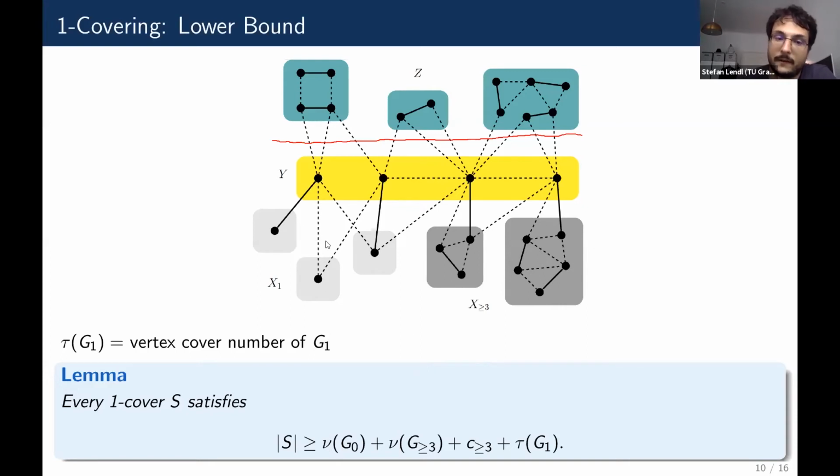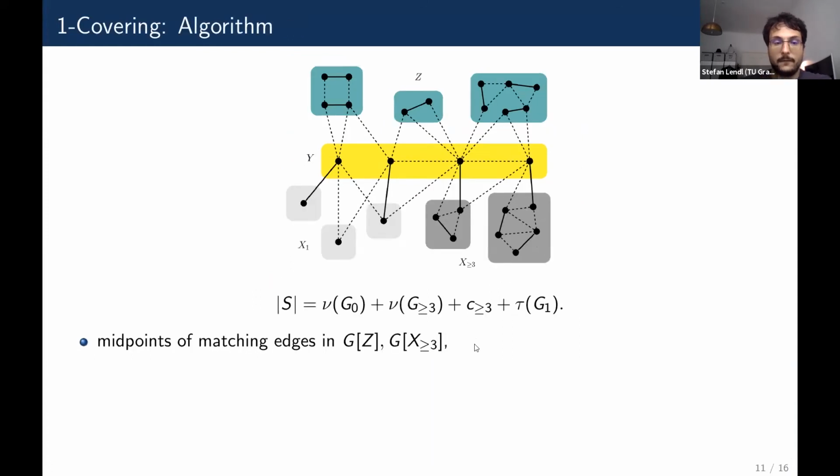And we do this in the following way: we take just the points on vertices, and for midpoints on edges, we take the point on the incident X vertex. And this gives again a vertex cover. And this gives the lower bound. So you need at least vertex cover many points.